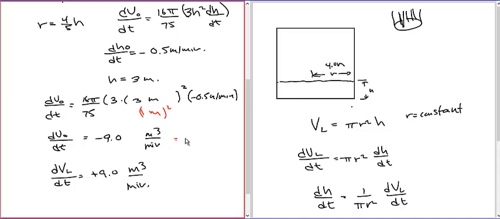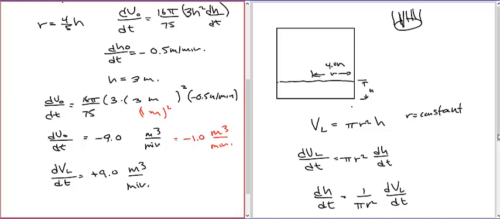And so I get negative 1.0 cubic meters per minute. The reason is that 3 squared is 9, 1 squared is 1, so it's a factor of 9. So for the second case, a height of 1 meter, you get 1/9 the amount of flow.